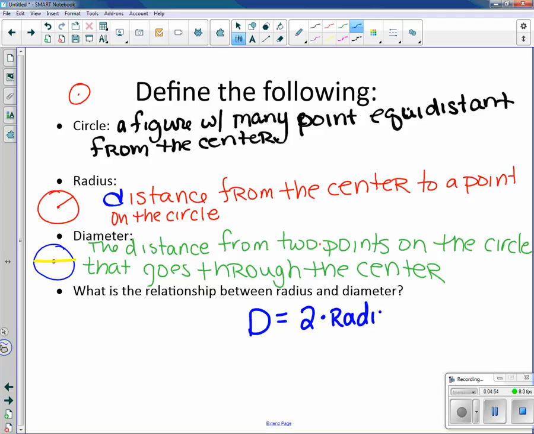It takes 2 radii to make a diameter, or the radius is equal to 1/2 the diameter. Is everybody with me? Did I lose anybody?